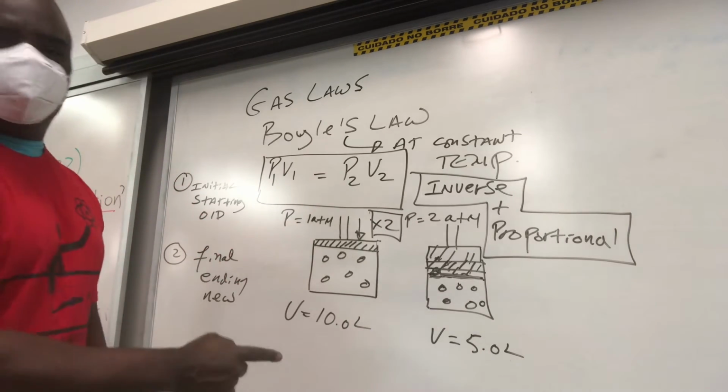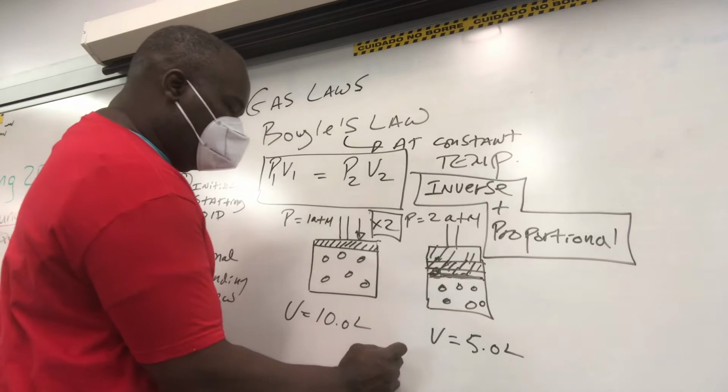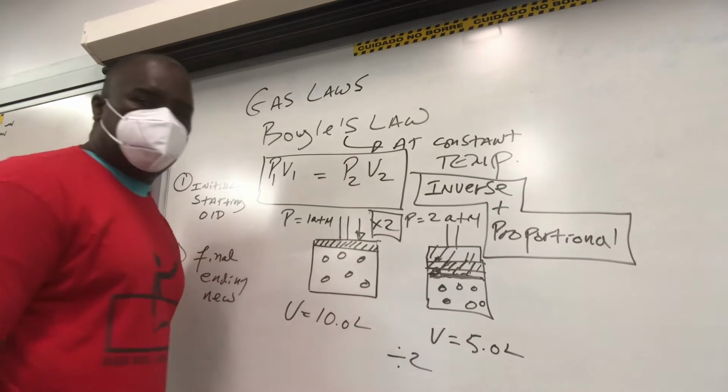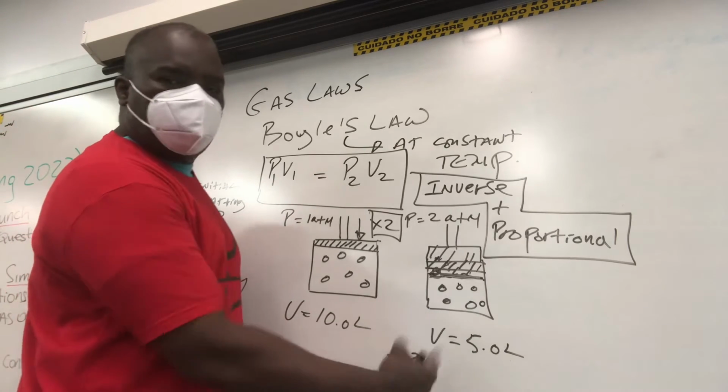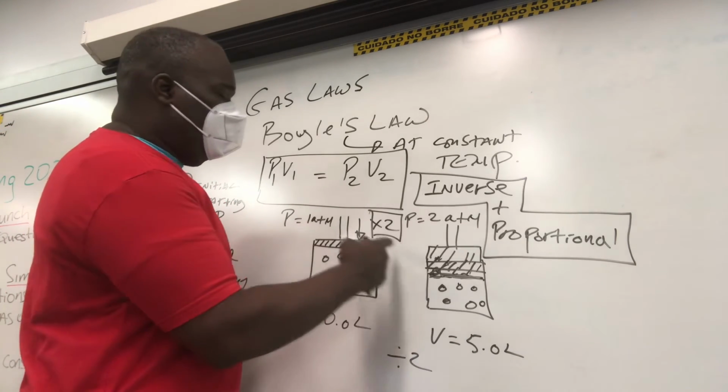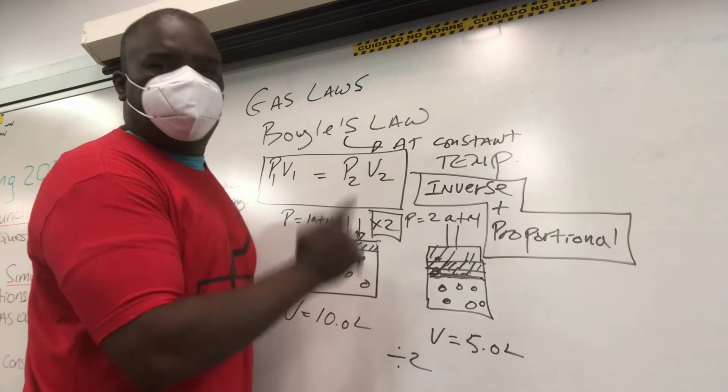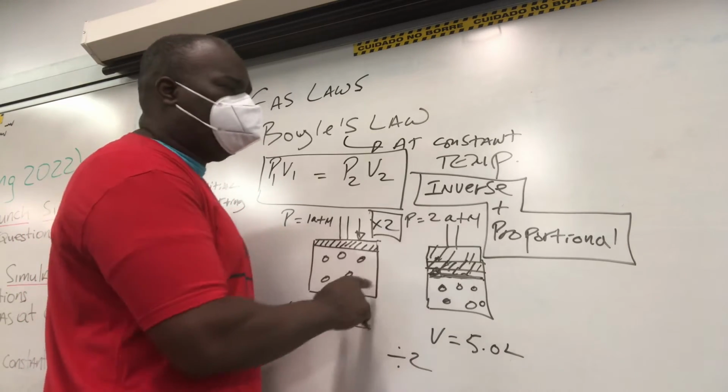Now look what happens to the volume. It gets cut in half, okay? And the opposite is true too. Let's say we increase the volume. The pressure would be decreased in that same proportion, okay? So it's pretty cool. All right, no problem.